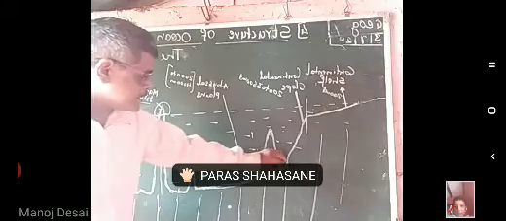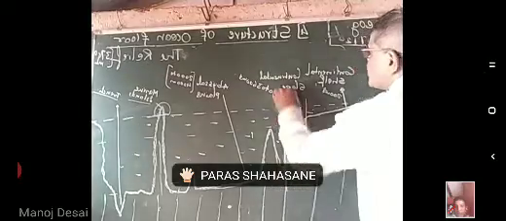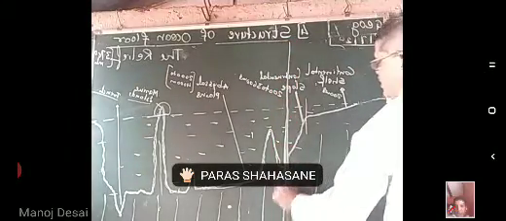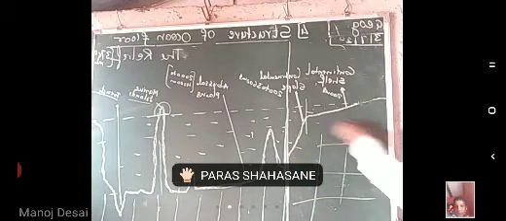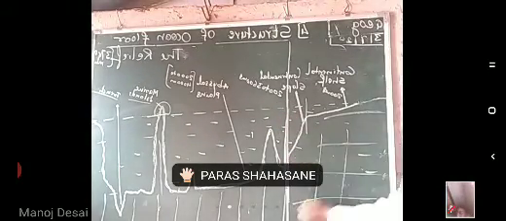We can say this area, till here where the continental slope ends, is the continental crust, the earth's crust we studied in the last chapter. Till here all this land comes.